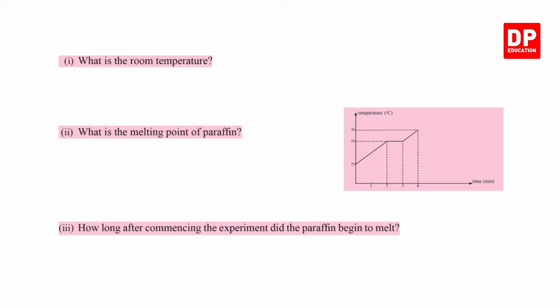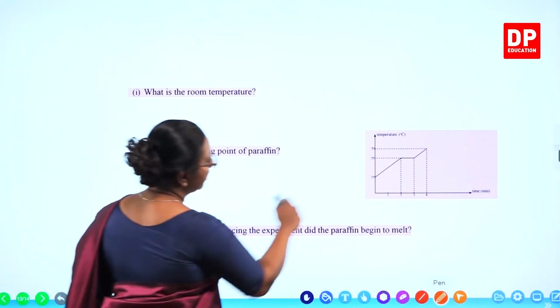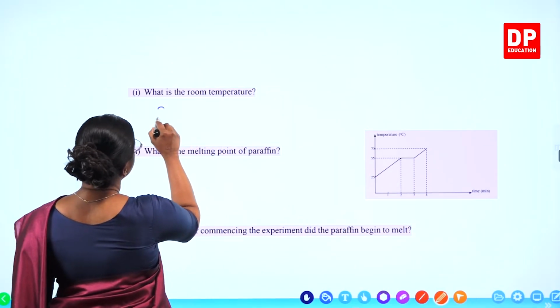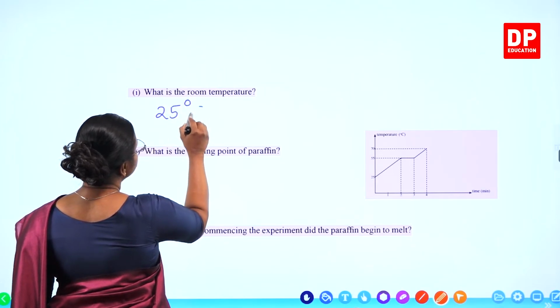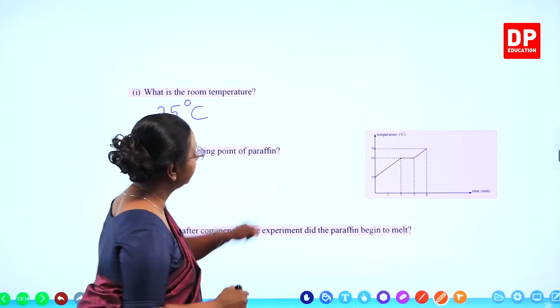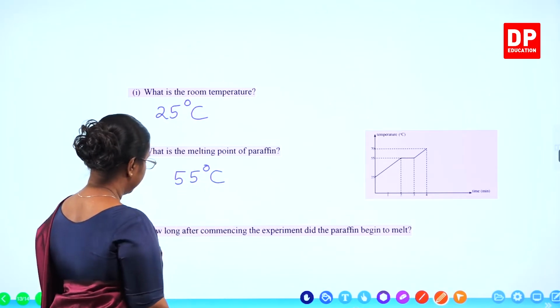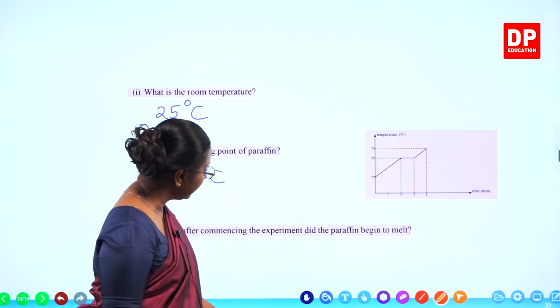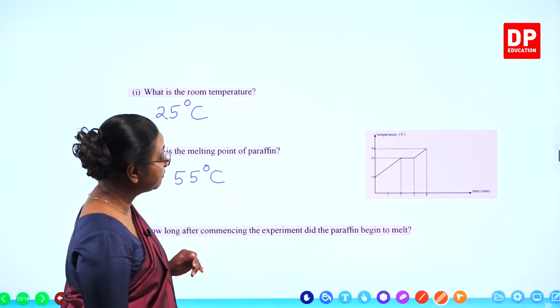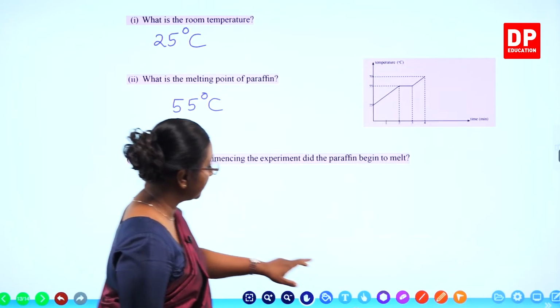The first one, what is the room temperature? Easy to read, room temperature is 25 degrees Celsius. What is the melting point of paraffin? It is 55 degrees Celsius. And how long after commencing the experiment did the paraffin begin to melt? That also you can see from the graph.